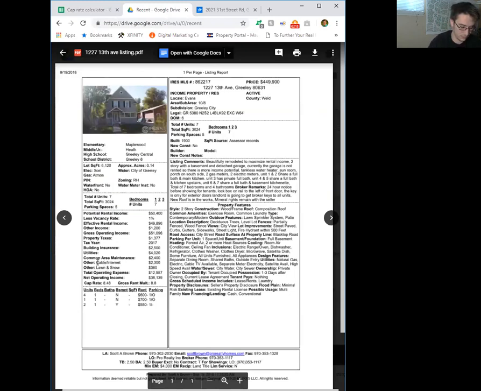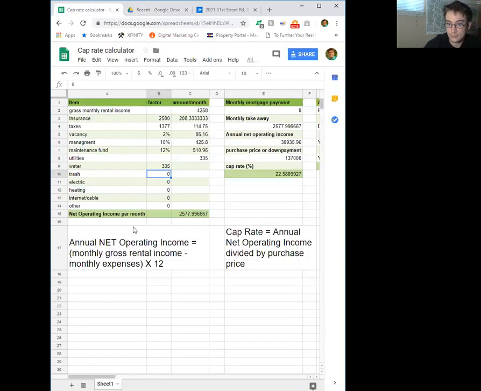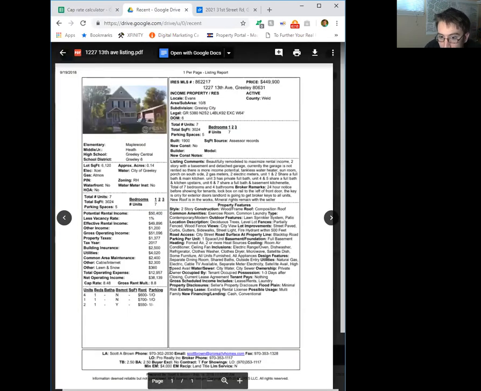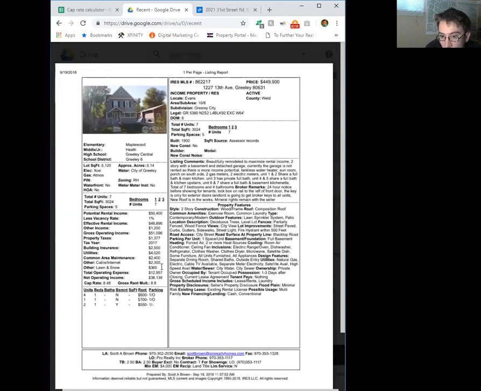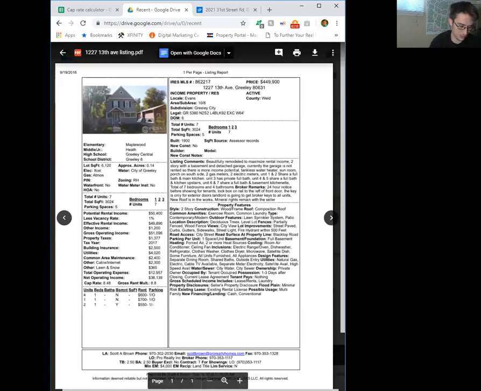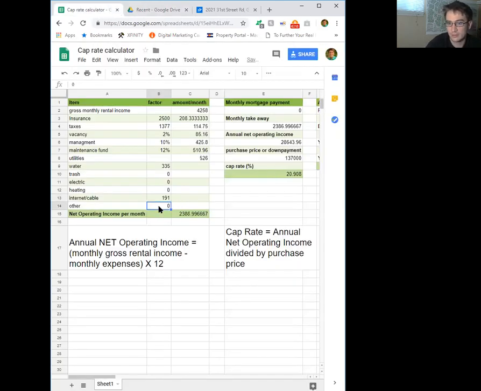Cable internet, 91. And lawn, 360 a month. $30 a month.